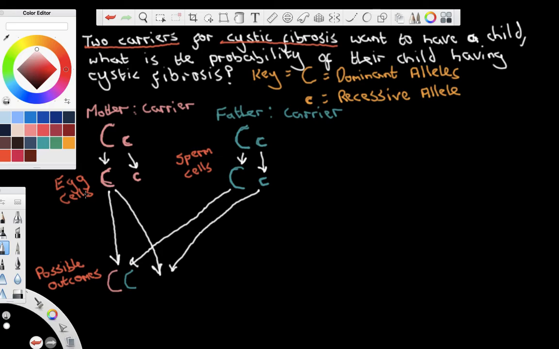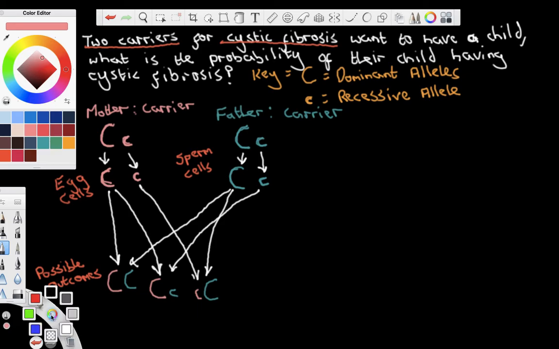And we've then got a capital from the mum and a lowercase from the dad. We could then do our next cross, which would be this one from the mum and this one from the dad. This time it would have a capital C from the dad and a lowercase c from the mum. And then we could have our final outcome, which is over here. We've got our lowercase from the mum and our lowercase from the dad.